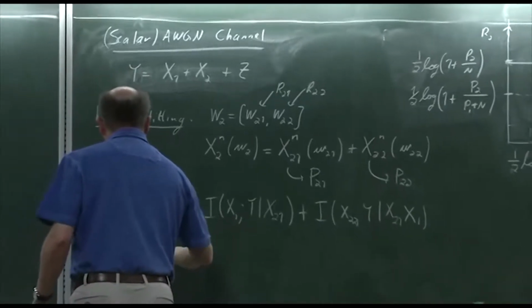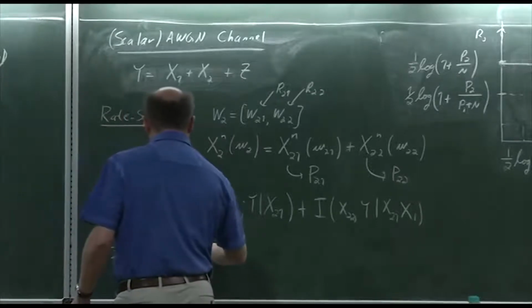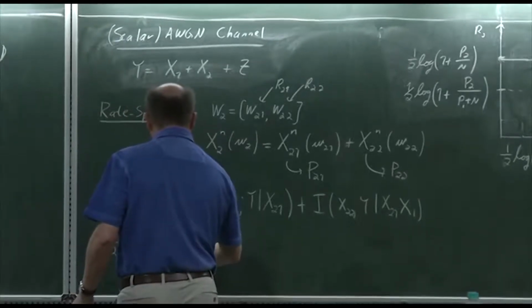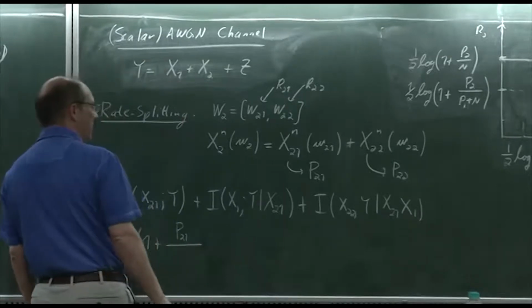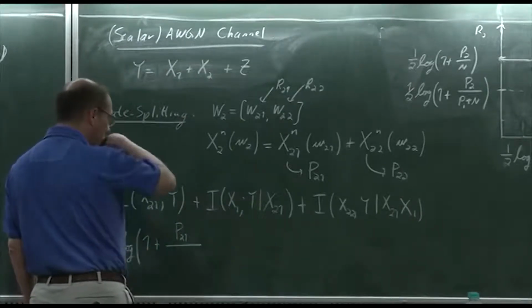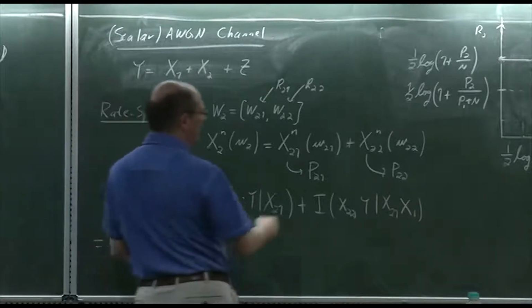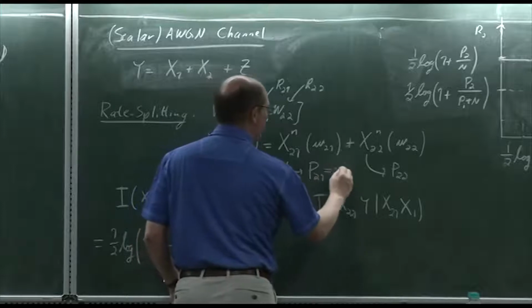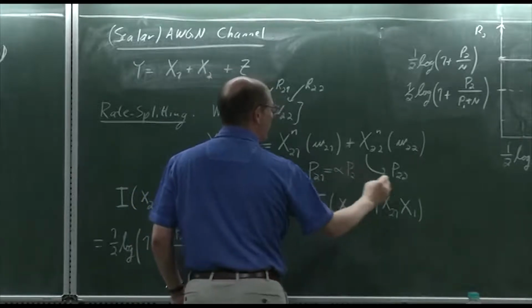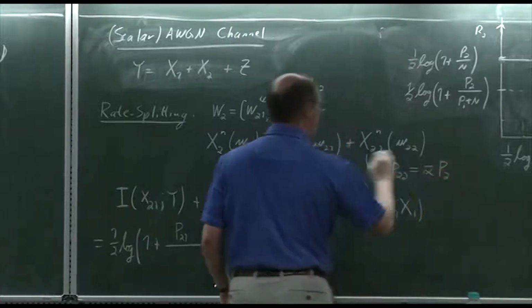So here I'll get 1 plus the signal to interference plus noise ratio, which is P2 over... maybe, well, I'm thinking about making alpha. Let me make this here right away, alpha P2, and make this alpha bar P2, where alpha bar is 1 minus alpha.